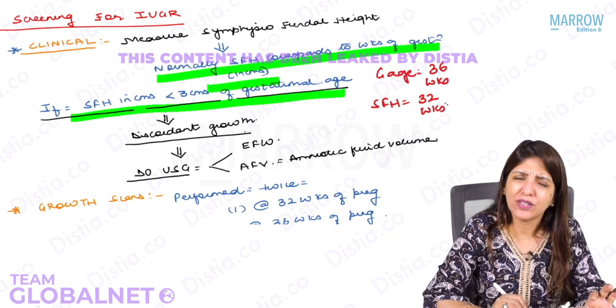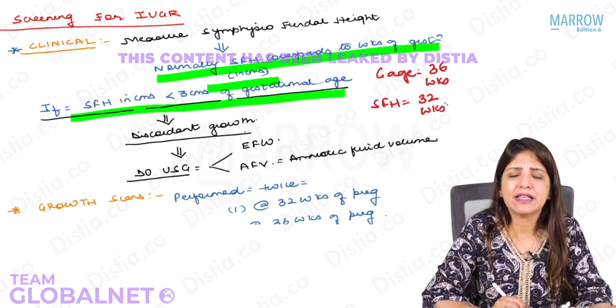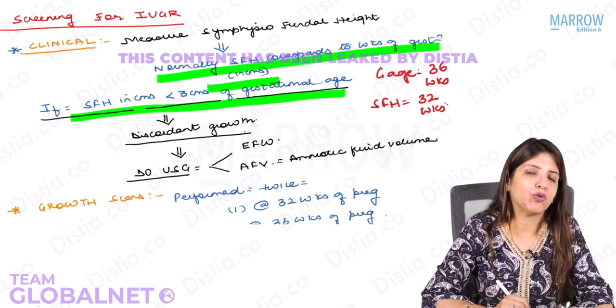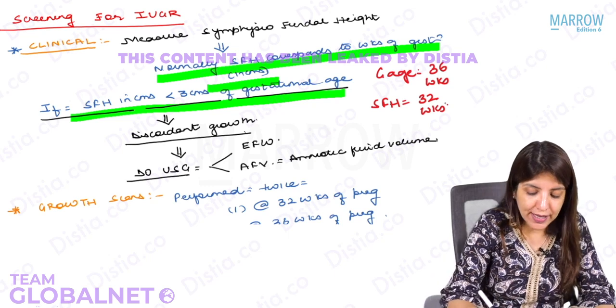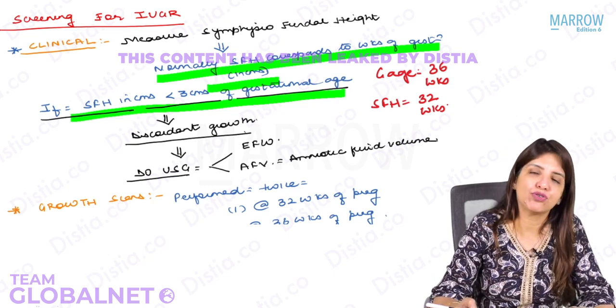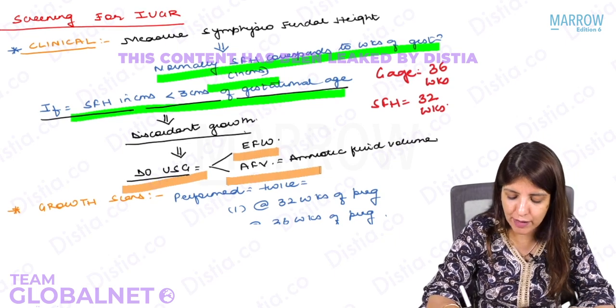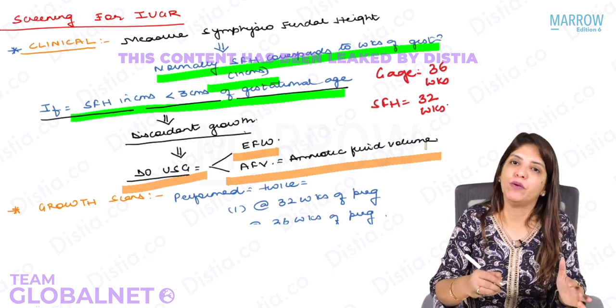Then that rings a bell. That tells me that this patient might be having IUGR or there could be discordant growth. So in that case, what I'm going to do next is an ultrasound, and I'm going to check the estimated fetal weight and also the amniotic fluid volume.